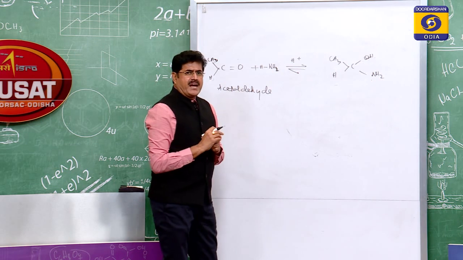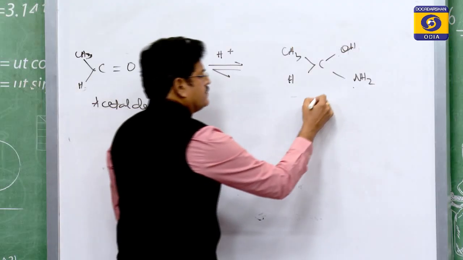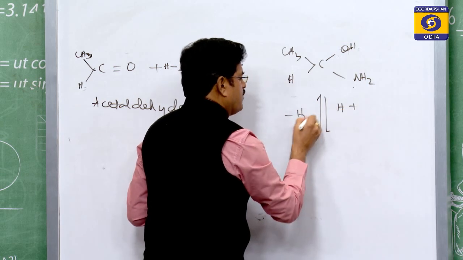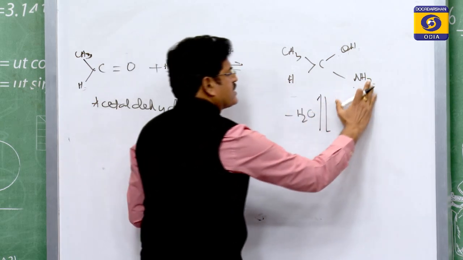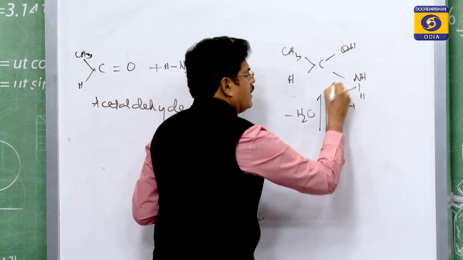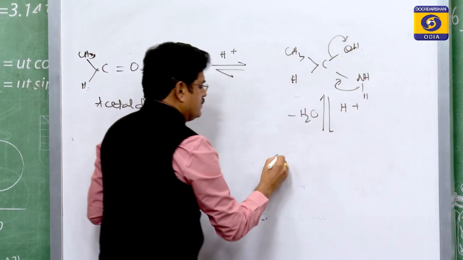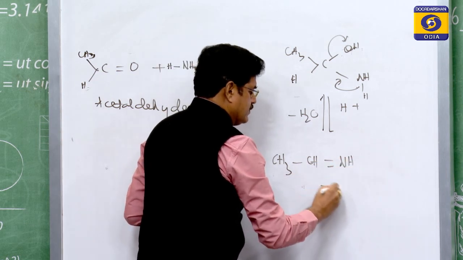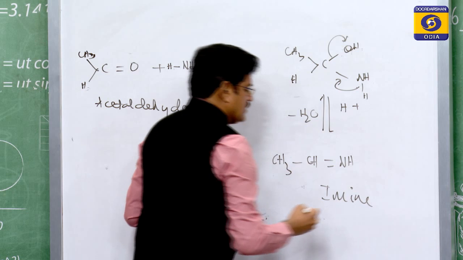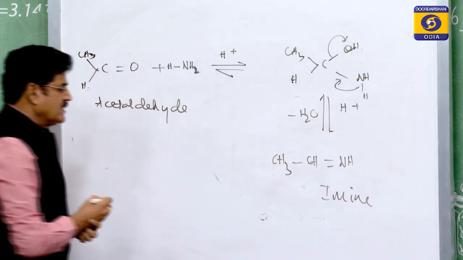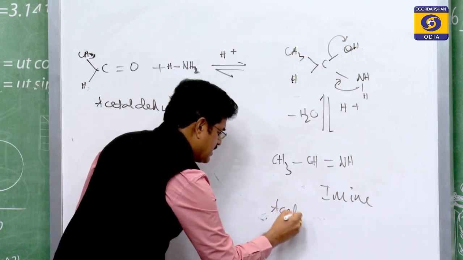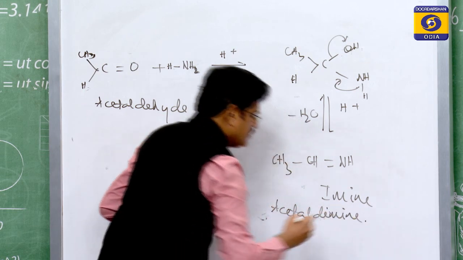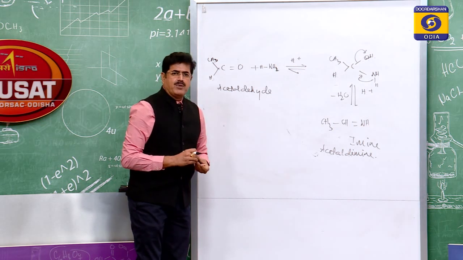This is the carbinolamine intermediate. Now, elimination of water takes place, resulting in imine, acetaldimine. This is the addition of ammonia.